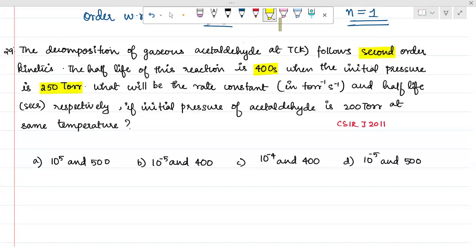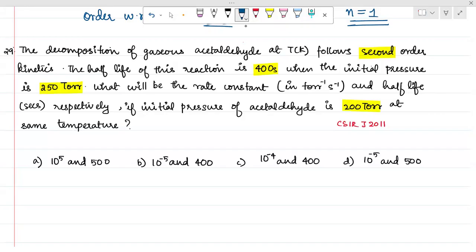What will be the rate constant in per torr per second and the half-life in seconds respectively if the initial pressure of acetaldehyde is 200 torr? It's a very easy question. They have asked two parameters, that's all. Already they have given that it is a second order kinetics.